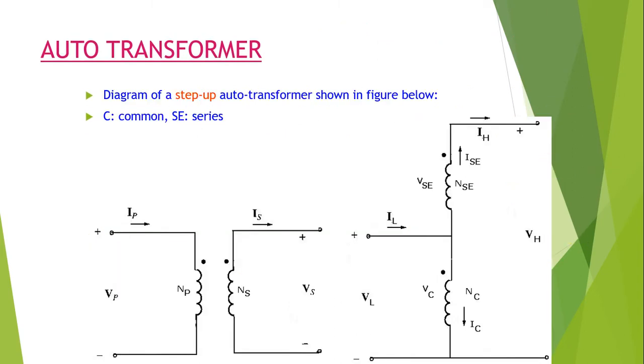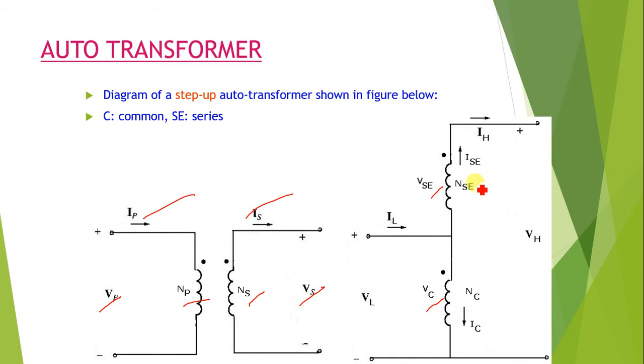Coming to the setup of an auto transformer: a regular transformer has VP, VS, NP, NS, IP and IS. But in an auto transformer, the load is divided into two, VSC and VC, where VC carries a current of IC and VSC carries a current of ISC.